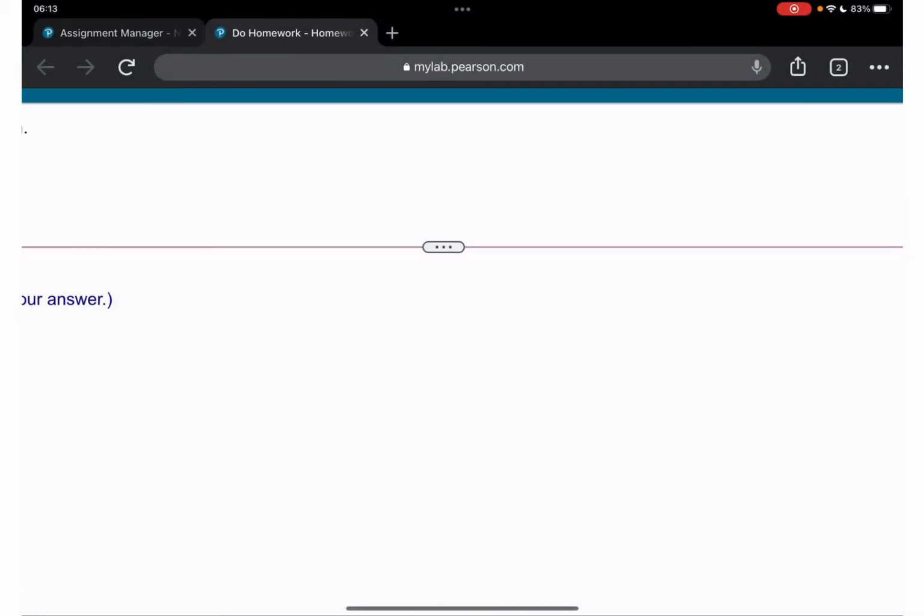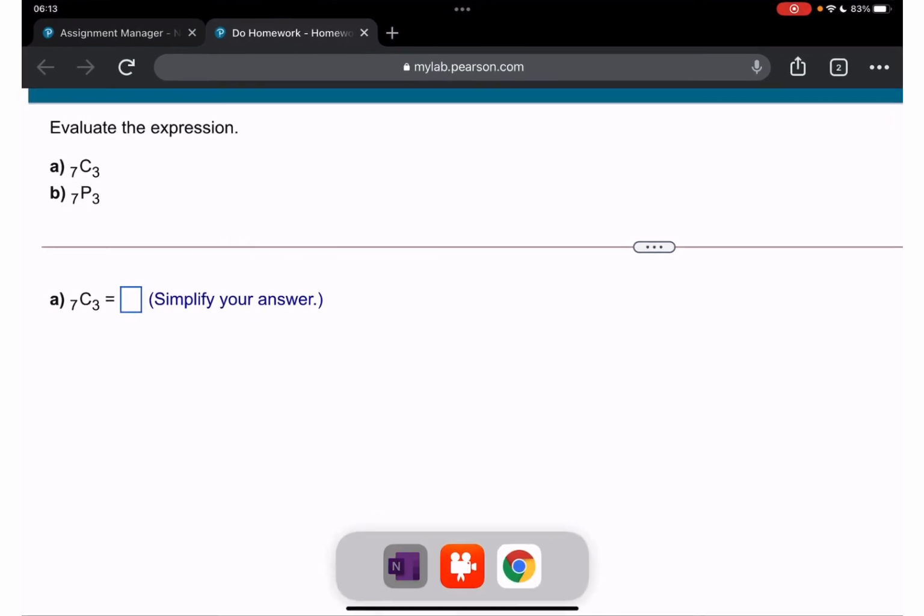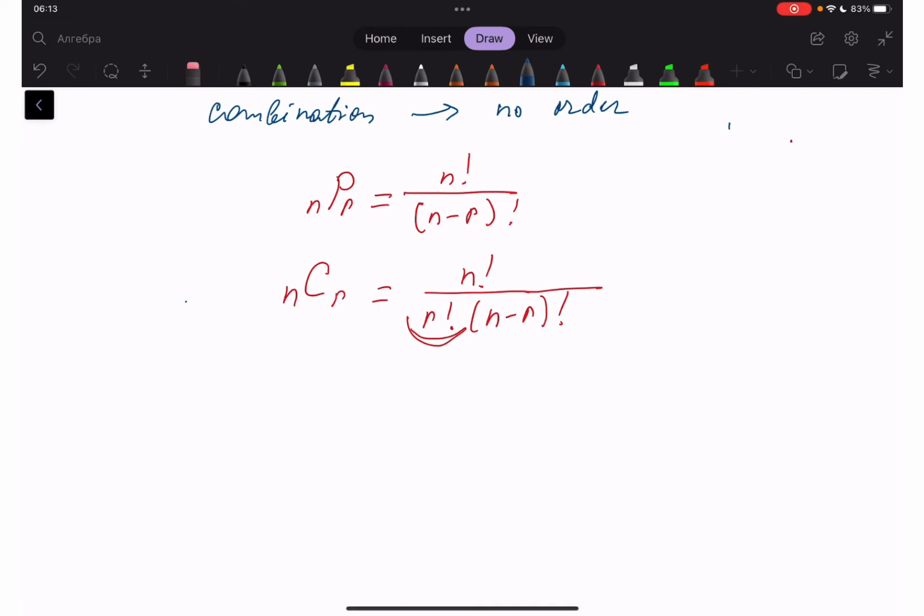What do we have? Combination 3 out of 7, and then same thing for permutation. Combination 3 out of 7, obviously r is 3 and n is 7, right?